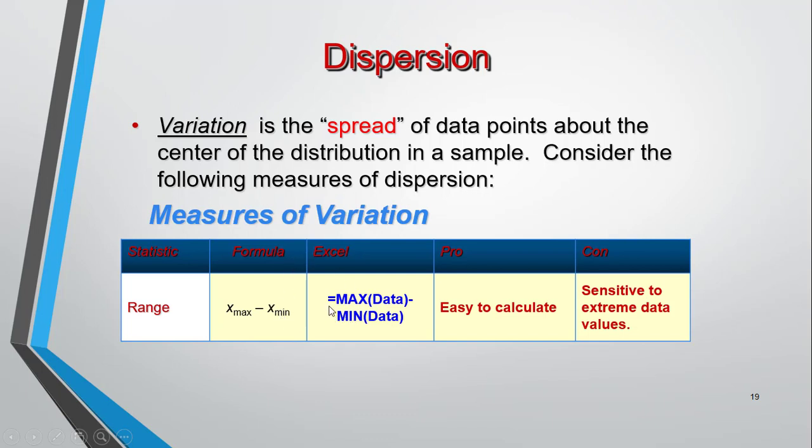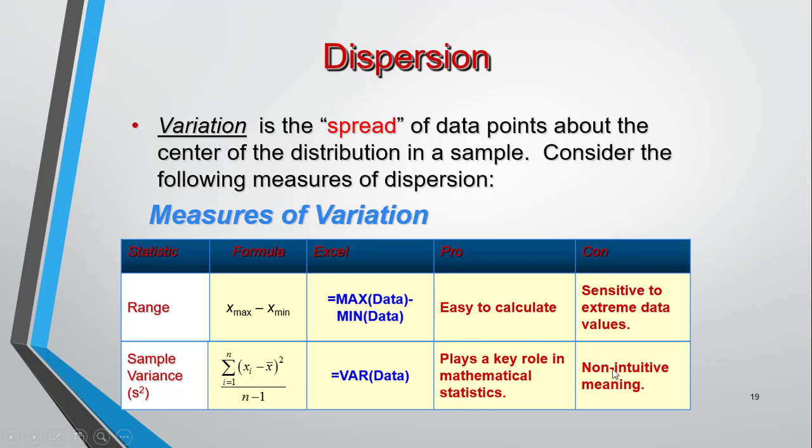In Excel, you type equal MAX of the data range, minus MIN of the data range. It's very easy to calculate, but it's sensitive to extreme data values. If there's a really big one or really small one, the range is going to be affected.